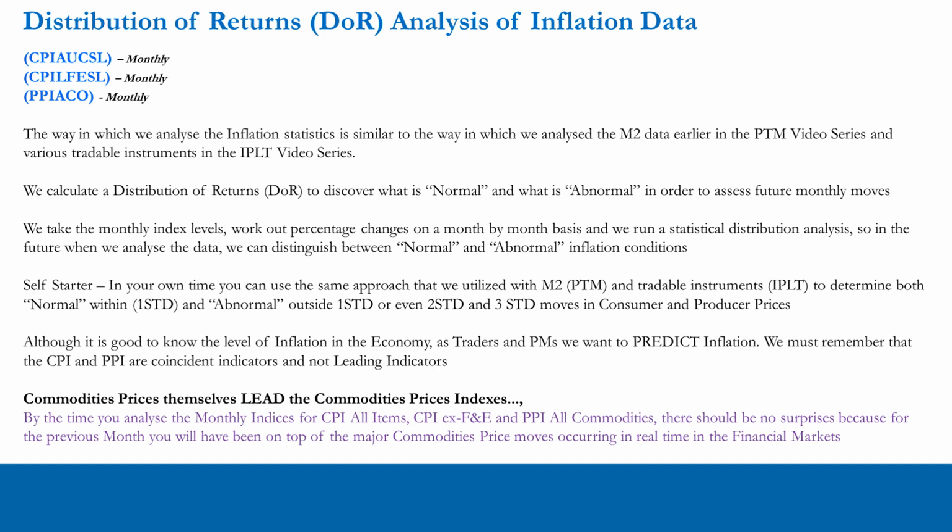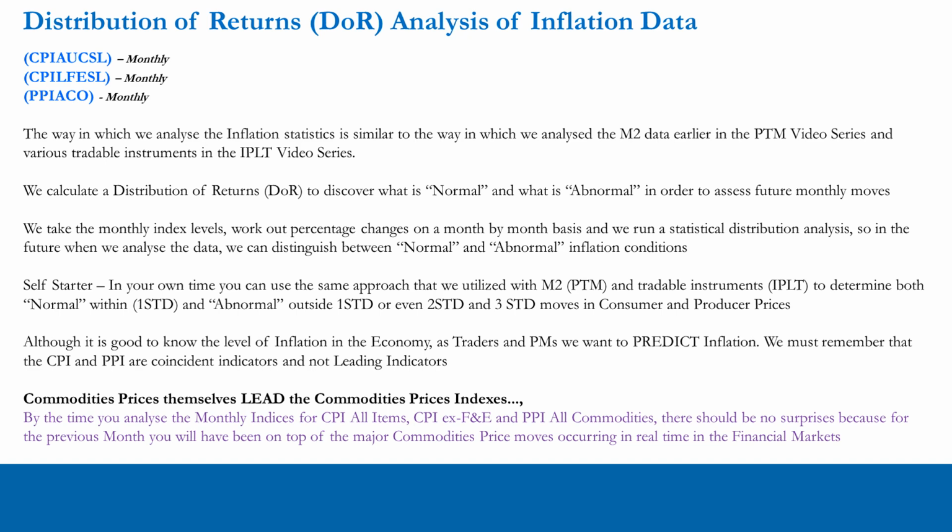Now, it's always obviously good to know the level of inflation in the economy, but as traders and PMs, we'd rather want to predict inflation rather than react to it. So we've got to remember that the CPI and the PPI are coincident indicators and not leading indicators.